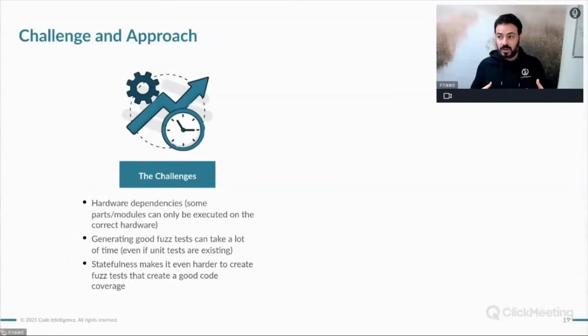And so I may need to write some initialization code that brings my application into a state where it can be fuzzed, or I need to think about all the possible scenarios that can happen there and write fuzz tests that mimic these scenarios. And these three challenges are the main challenges that we've seen so far in our automotive projects.